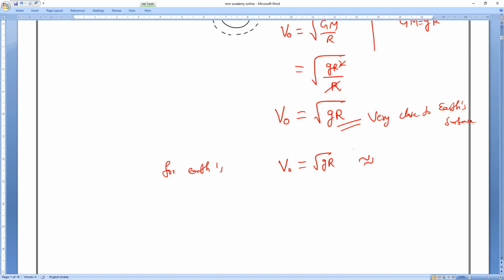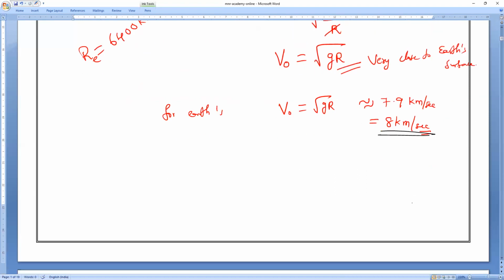If you substitute the radius of the earth, which we all know is 6400 kilometers, approximately we'll get 7.9 kilometer per second, which is approximately rounded off to 8 kilometer per second. So for satellites revolving closer to the earth, this is the orbital velocity, approximately 8 kilometer per second.